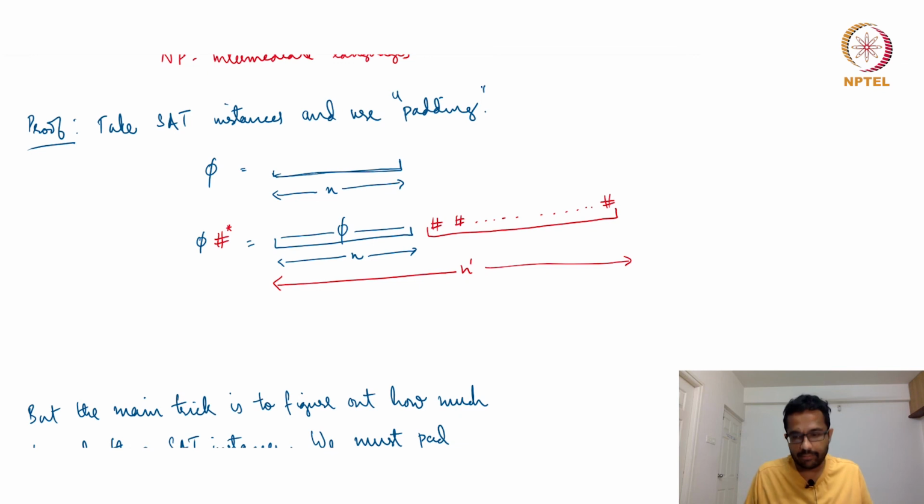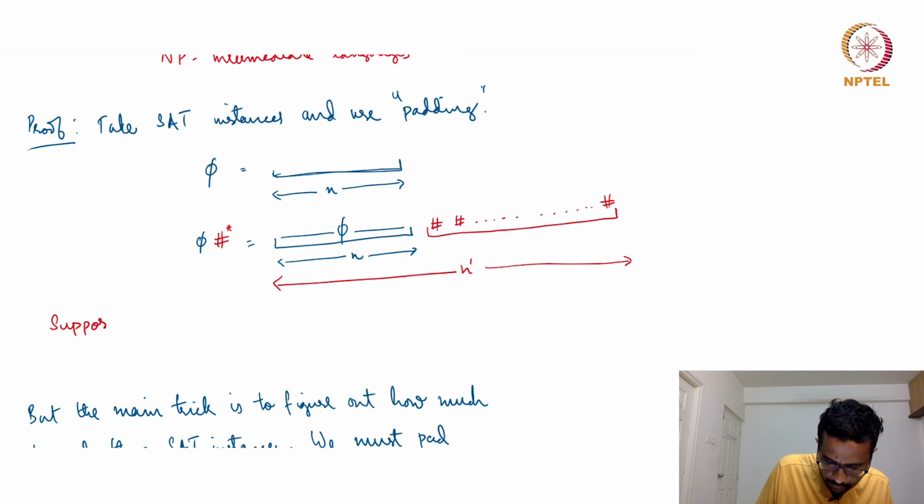So if the running time of deciding SAT, let's say there is an exponential time algorithm by trying out all the possible assignments, here also we can do that, but that requires 2 power n time. But when you measure the time as a function of the input, suppose n prime is 2 power n.